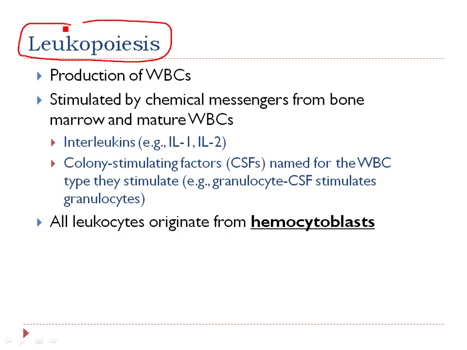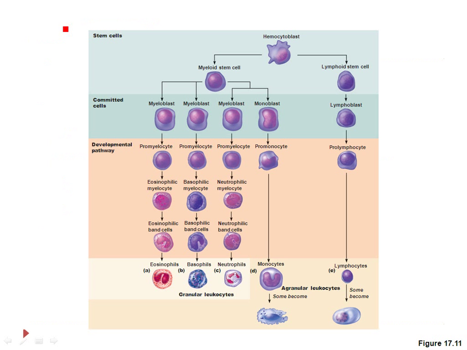Leukopoiesis. So you've already heard the term hematopoiesis, which refers to blood cell formation in general, but we're mainly going to be talking here about leukopoiesis. In the last video clip, I showed you this diagram from your textbook, and I'm not going to go back through it again, but just as a reminder, all of your blood cells are derived from a type of stem cell in your bone marrow called a hemocytoblast.